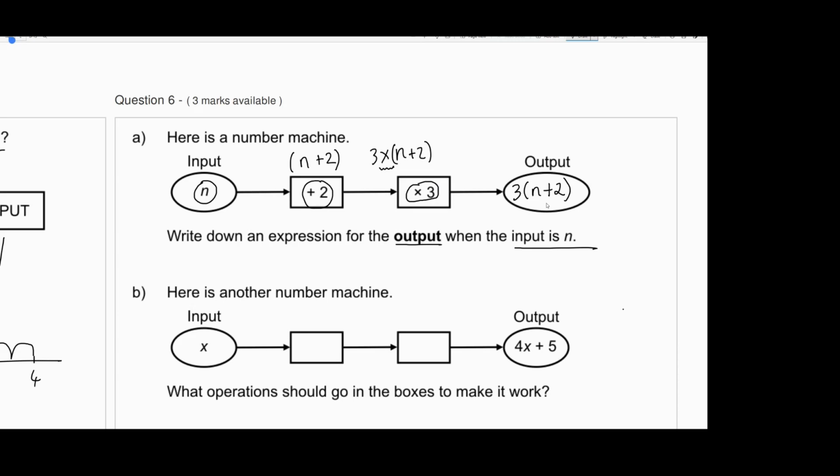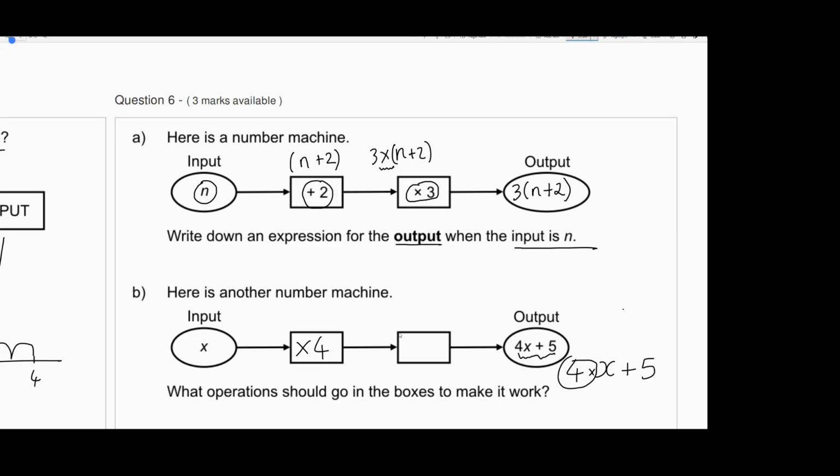So if we look at the second one, the output is 4x plus 5, which really means 4 times x plus 5. So the first thing we're doing is times by 4. So I'm going to put times 4 in the first box.